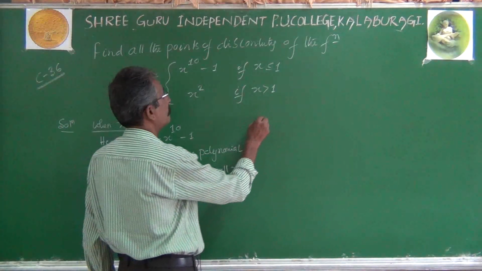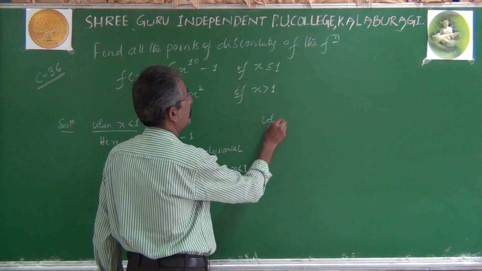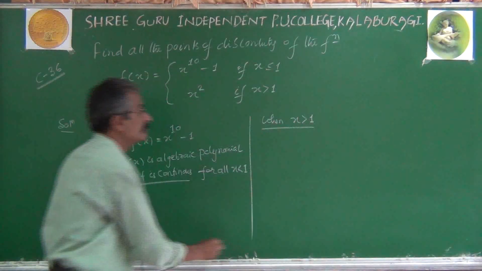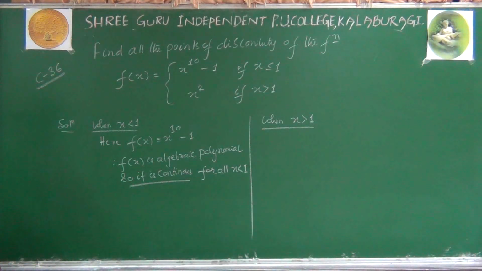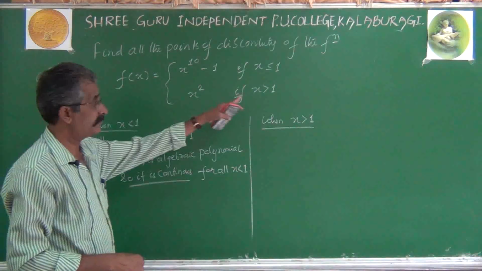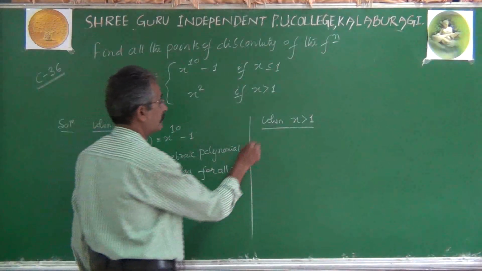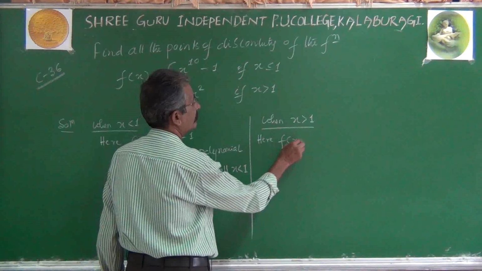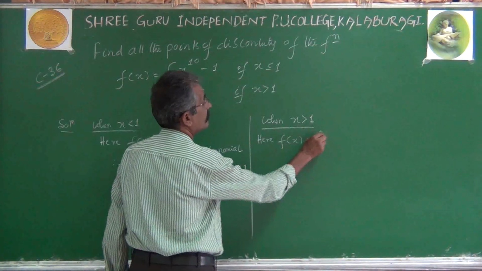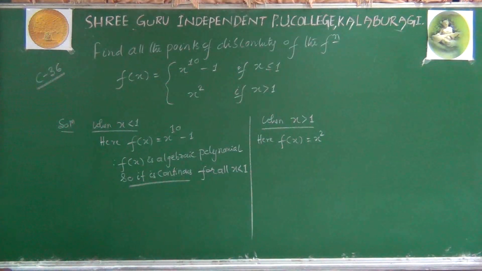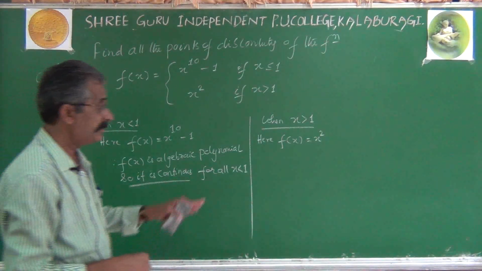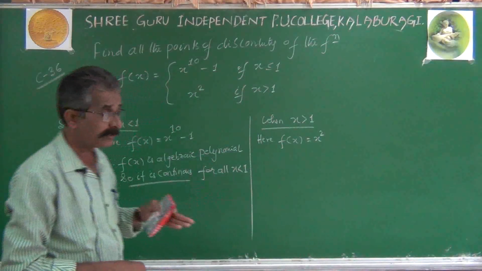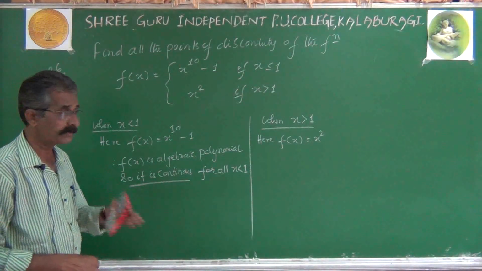Next, when x is greater than 1, in this case f of x is defined by x square. Here f of x equals x square. But once again, what is x square? It is also a polynomial, in fact an algebraic polynomial of degree 2.